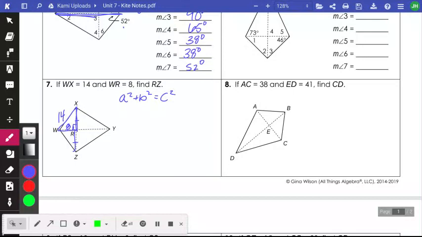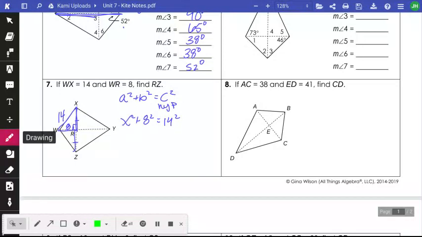Okay, a reminder that C is your hypotenuse. Okay, your longest side. Longest side is opposite the right angle. So 14 is going to be my C squared. So I'm going to have A squared plus 8 squared is equal to 14 squared. And you could use X in place of A. You don't have to use A if you don't want to. It's what we're trying to find. Okay. And so I'll simplify that. X squared plus 64 is equal to 196.